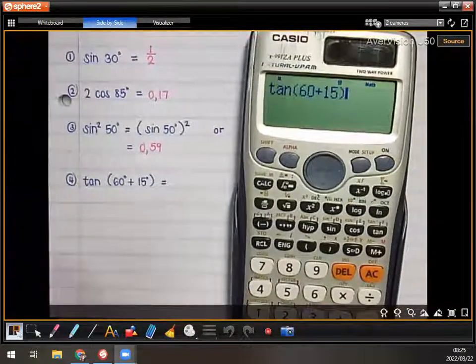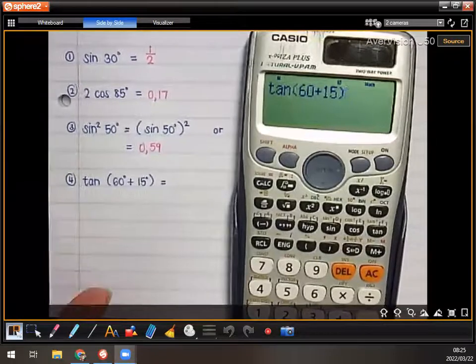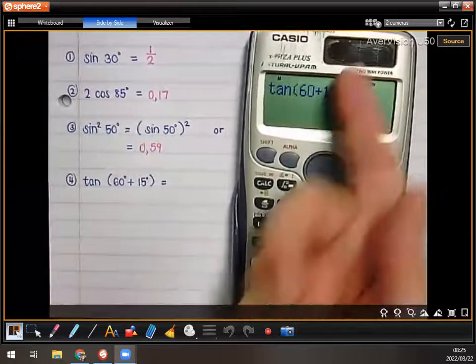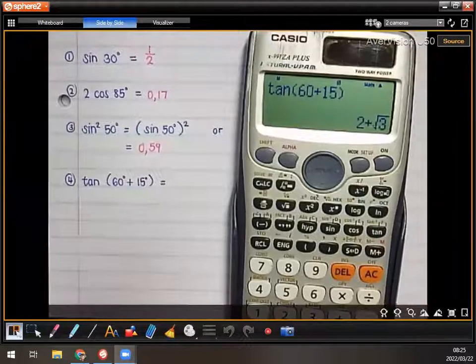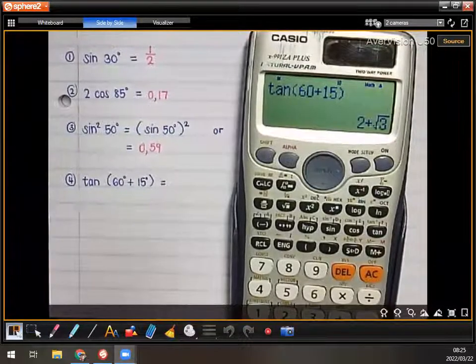Guys, you can type in 75 straight away. We all know that 60 plus 15 is 75, so you could have done that straight away, and that is then equal to 2 plus root 3.